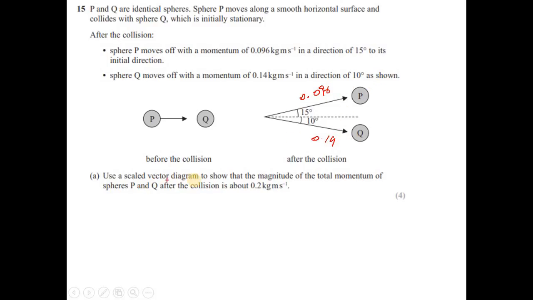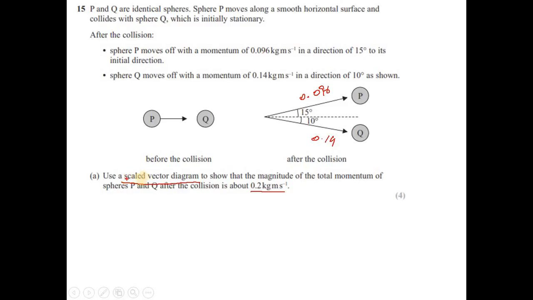Use a scale vector diagram to show that the magnitude of the total momentum of spheres P and Q after collision is 0.2 kg m/s. It is a question about vector addition, but not the ordinary kind. We have to use a scale vector diagram, which means you will have to use a protractor and ruler.